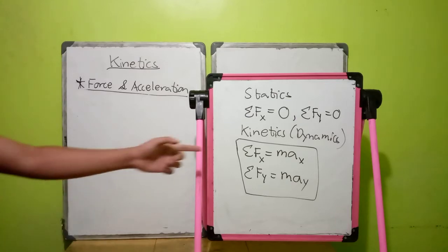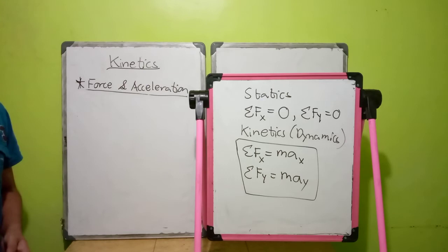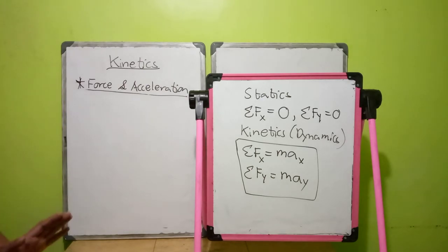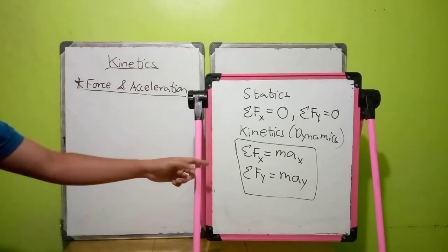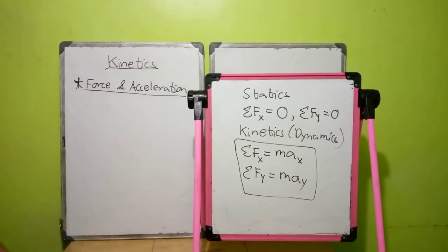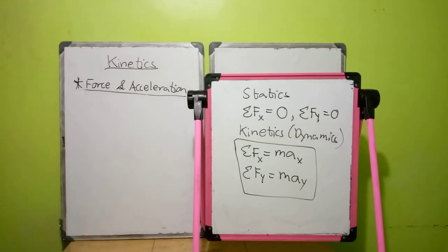But somehow, with these formulas, we need to have proper discretion in order to identify whether, in the X or Y axis, you should apply that your force relative to that axis is equal to 0, or is it equal to mass times acceleration.